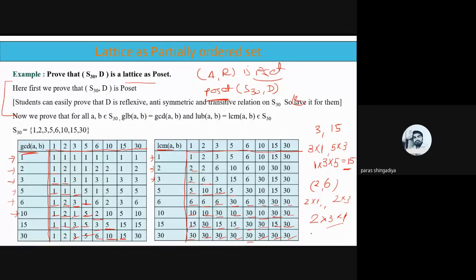Mansi, Dhrutik, Darshan, Bansi. Okay, good. So let us check question number 2.